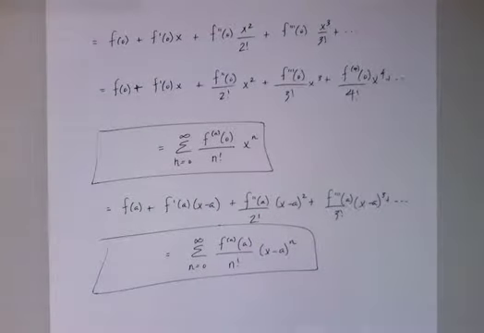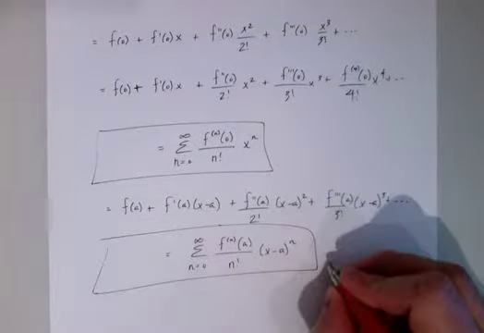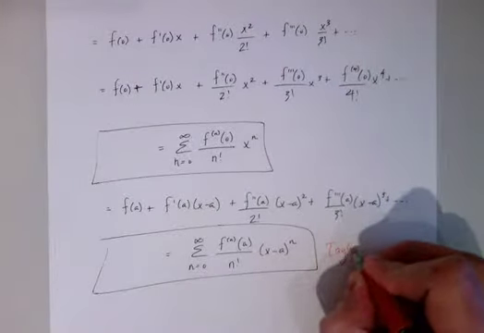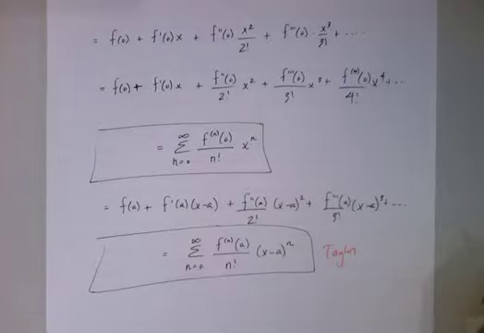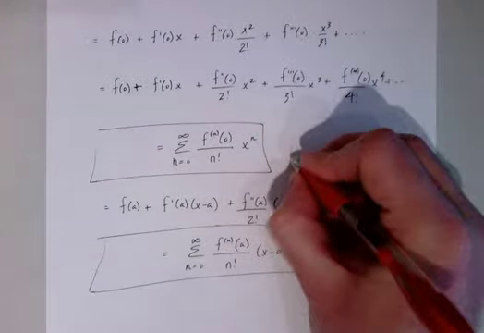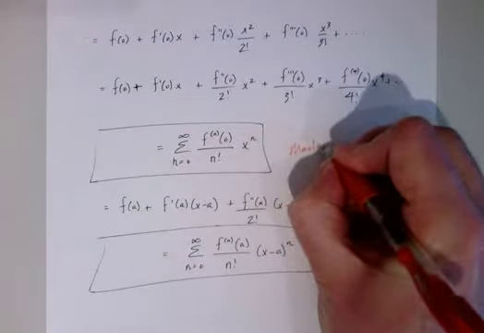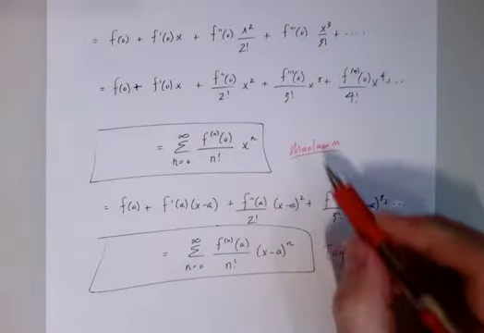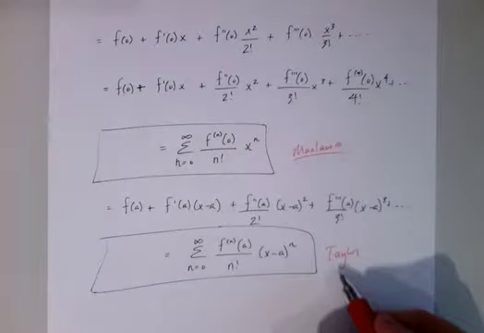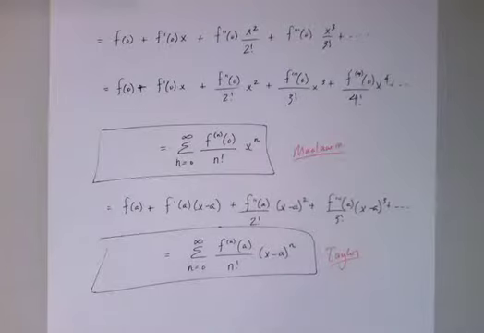Okay, now those may look the same, and basically they really are. This is referred to as a Taylor series, and this over here is referred to as Maclaurin. Okay, so Maclaurin is just a specific case of the Taylor series where it happens to be centered at 0.